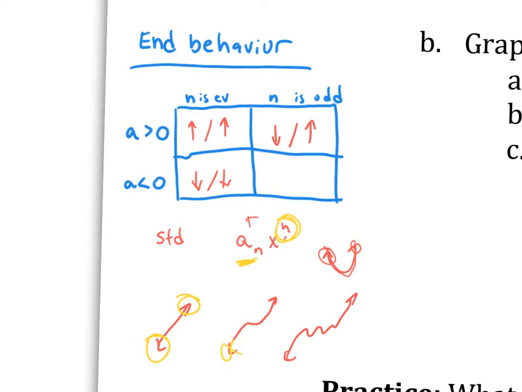In other words, this increases as we read it. This could have a little bit of waving, but it starts low, ends high. If a were negative, then it flips the other direction. So this one would start high, end low.